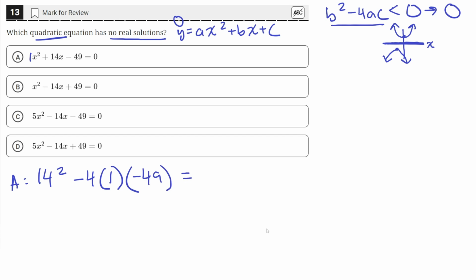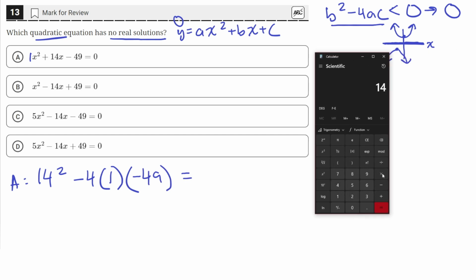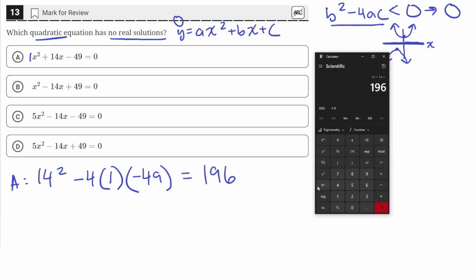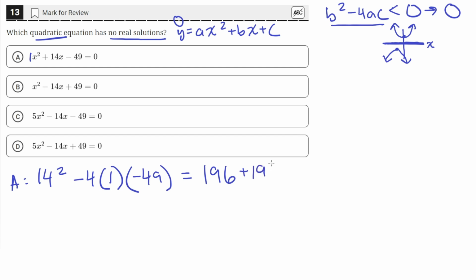So 14 squared is equal to 196, and 4 times 49 is equal to 196 as well, but since there is a double negative, that just becomes a positive. And this is clearly not less than 0, since these are two positive numbers being added together. So that means A is wrong, since we need a discriminant less than 0 for the equation to not have a solution.